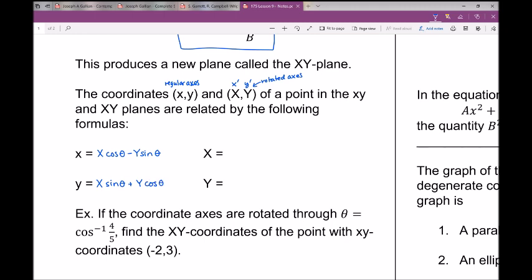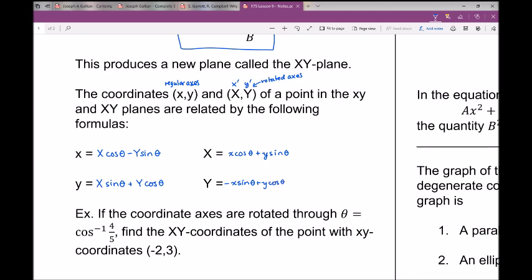Big X is equal to little x cosine of theta plus little y sine of theta. And big Y is equal to negative little x sine of theta plus little y cosine of theta.